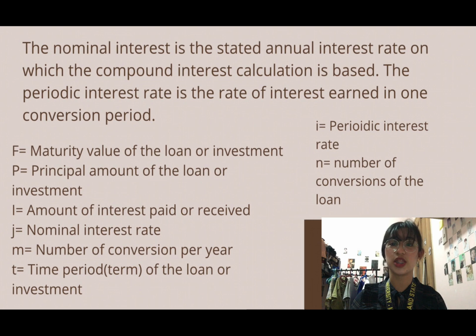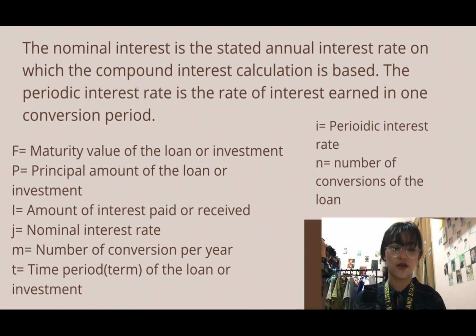The small letter m is the number of conversions per year. The small letter t stands for the time period or the term of the loan or investment. Then small letter i is the periodic interest rate, and small letter n is the number of conversions of the loan.